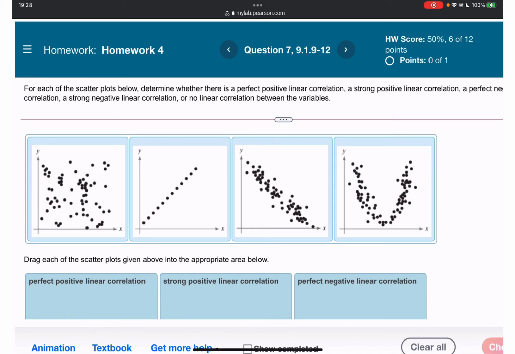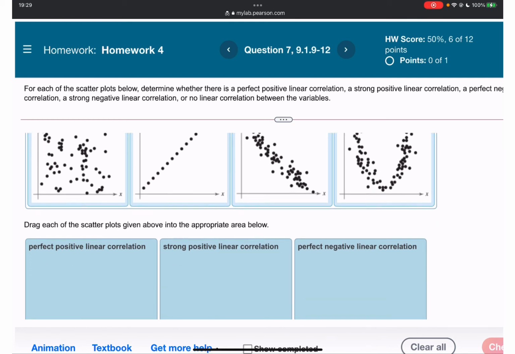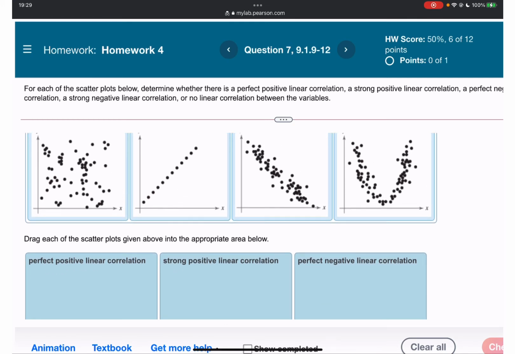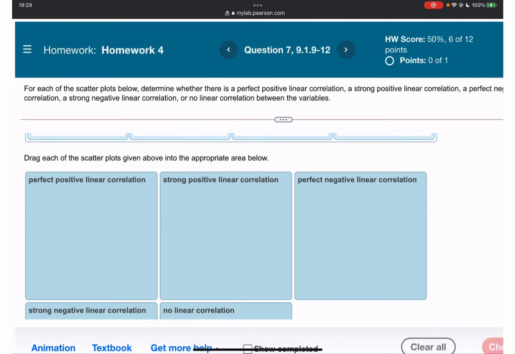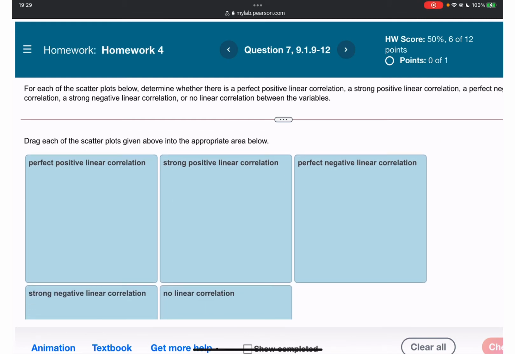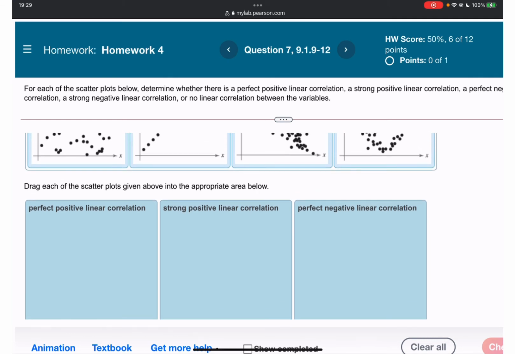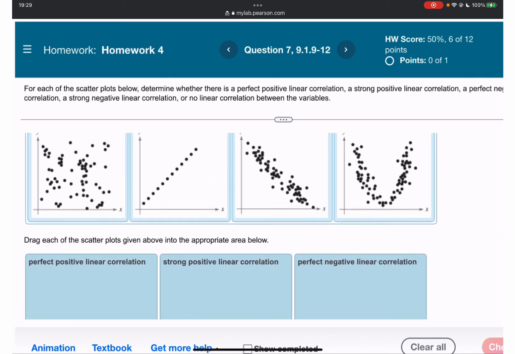Based on a graph or survey, you build this graph and you figure out if there is a firm relationship or, for example, a negative one going down. So, perfect positive linear correlation. I'm looking at these blue rectangles. So first one, perfect positive linear correlation.